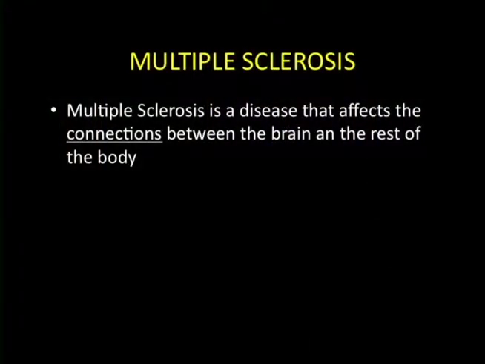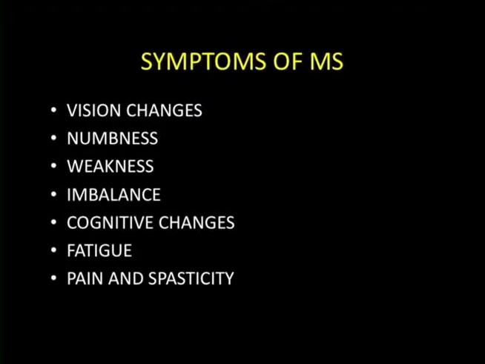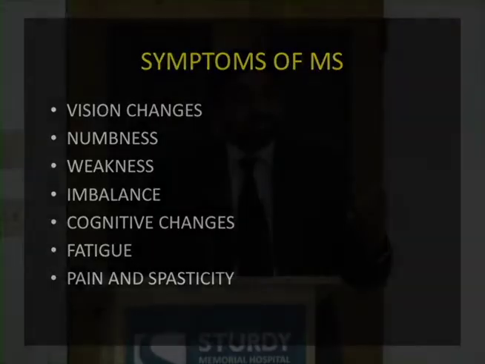So essentially, multiple sclerosis is a disease that affects the connections between the brain and the rest of the body. So you can imagine how it affects a patient. The brain is responsible for most of the functions that we identify with ourselves, including our vision. So we have the nerve cells conducting the information about our surroundings, the visual information, to the brain, and if those nerves are affected, patients present with vision changes.